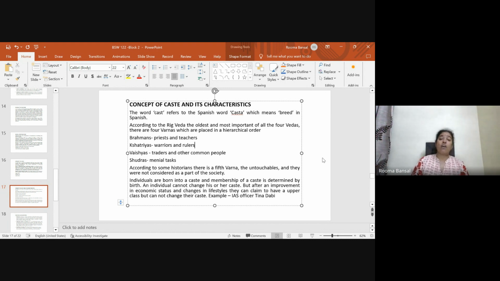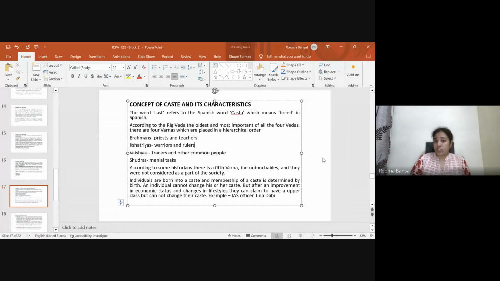Here we can take the example of IAS officer Tina Dabi. In 2014 or 15, Miss Tina Dabi was the UPSC topper. She topped the civil services exam, which is known as the UPSC exam, and she joined as an IAS officer. She is working with the Government of India. Nowadays she is district magistrate of Jaisalmer. She belongs to a scheduled caste, which is considered the lowest caste, right?